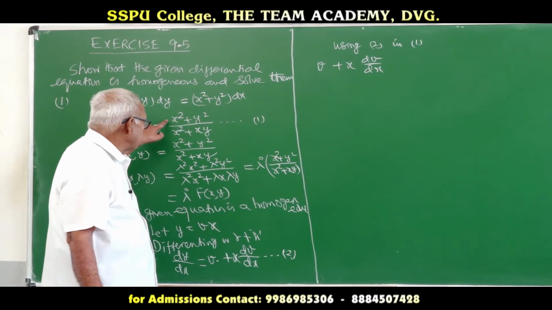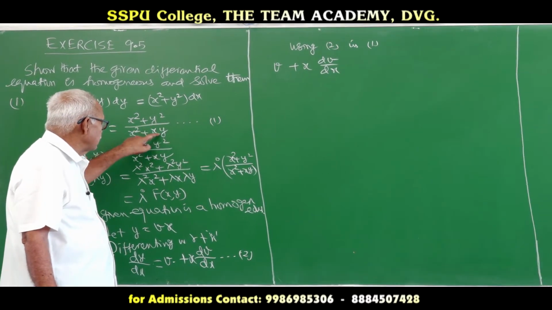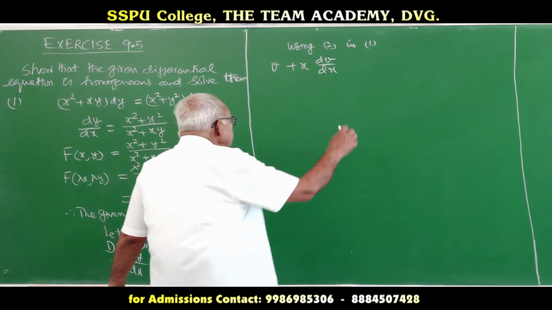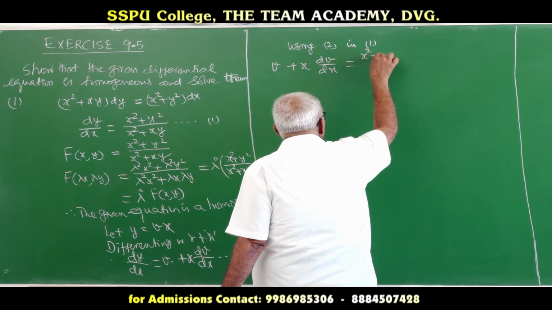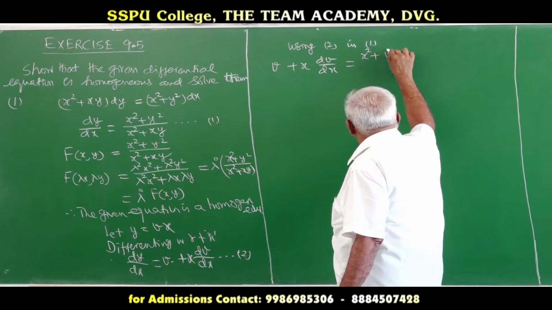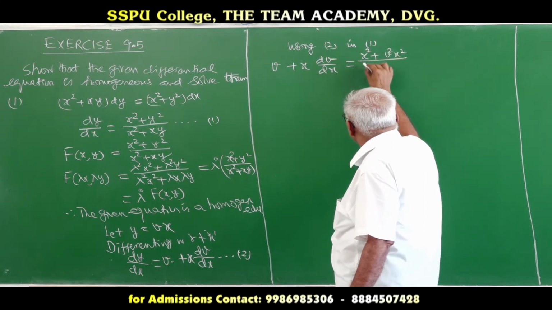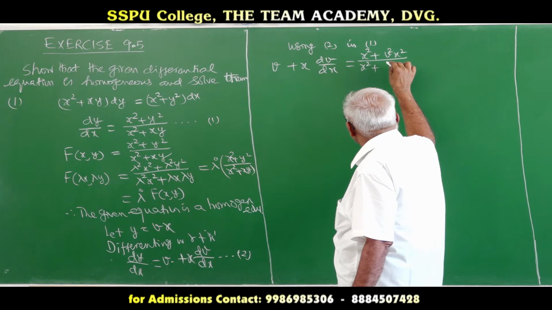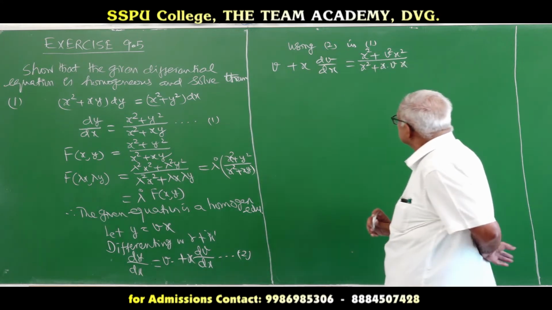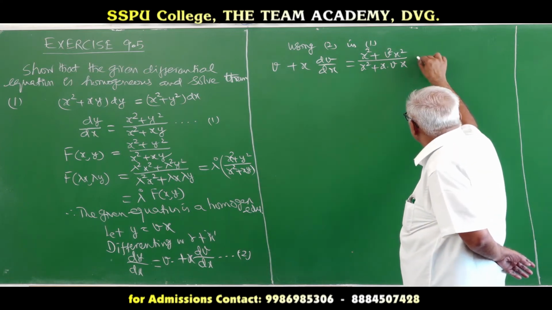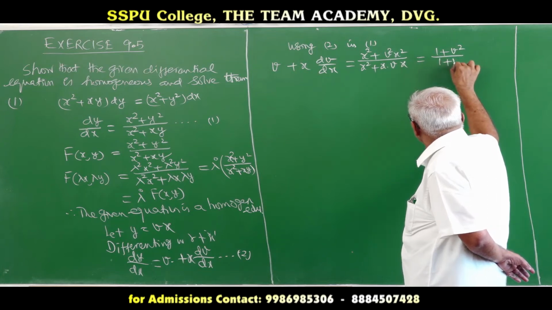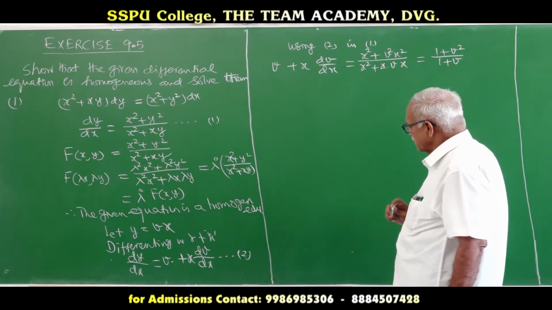But here we have x² + y² and x² + xy, and we have taken y = vx. So x² + y² is v²x² + x² and the denominator is x² + x·vx. Now x² cancels and we get (1 + v²)/(1 + v).